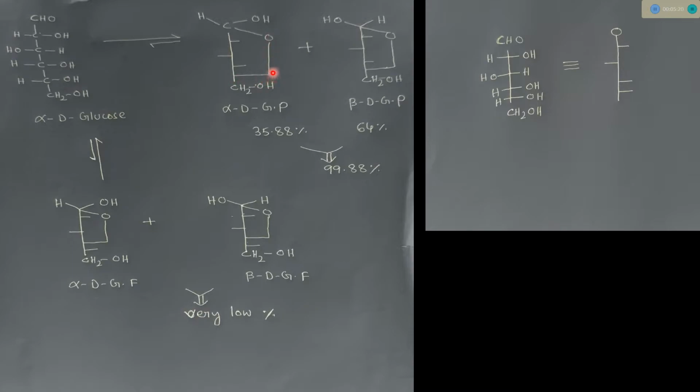Please keep in mind that this is not an atom in the ring, meaning this is not a CH2 group. So carbon 1, 2, 3, 4, 5 and oxygen 6. This is not any CH2 group. So for just our drawing purpose, we draw like that.